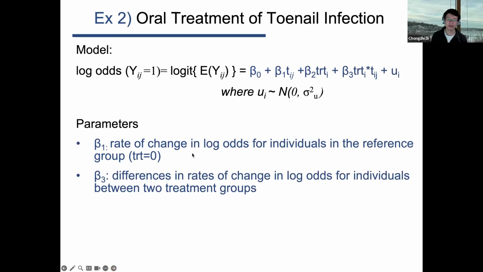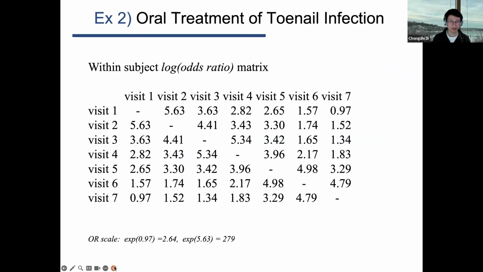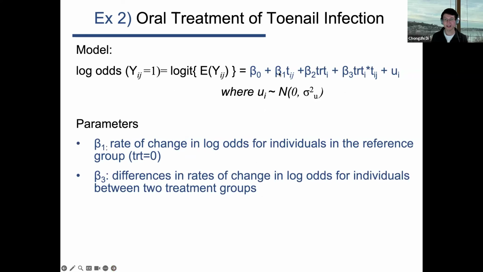So we'll try to fit the model. We will model the log odds of positive response as a linear predictor. We put in time in months, a treatment indicator, and also the interaction between treatment indicator and time.